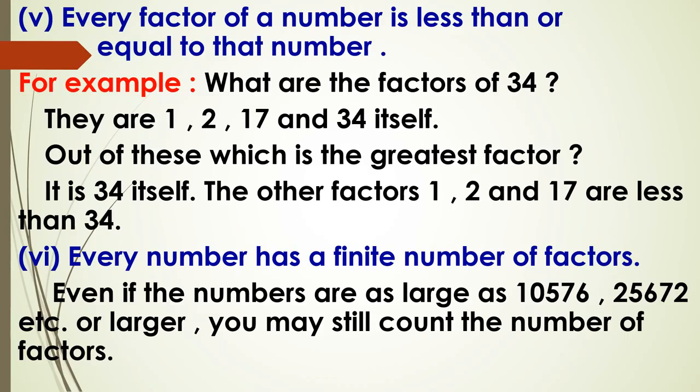And the factors are finite in numbers. We can count the number of factors. It is difficult to find out the factors of greater number, but we can find out. So what I have written here, see, even if the larger numbers are as large as 10,576 or 25,672, etc., or larger than this, you may still count the number of factors.